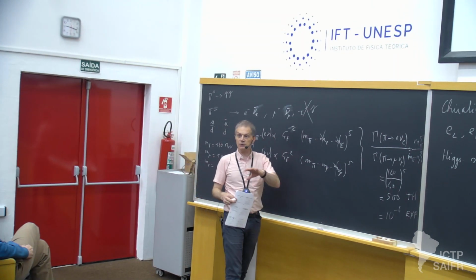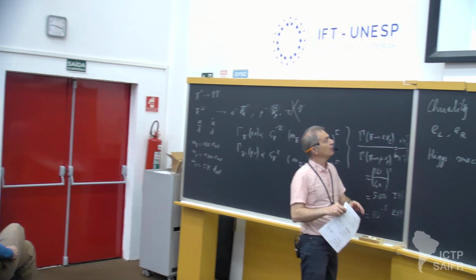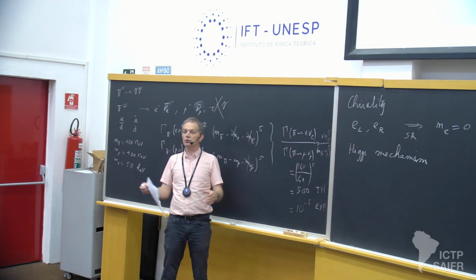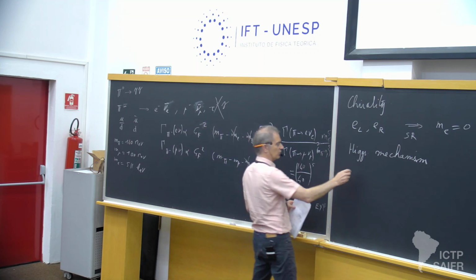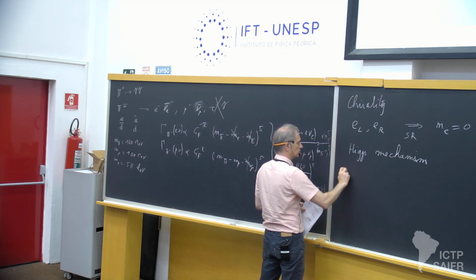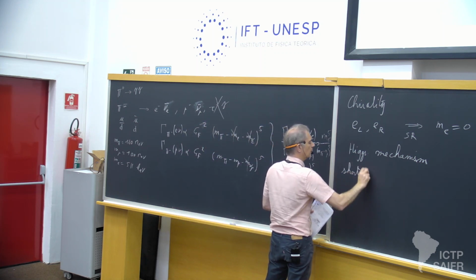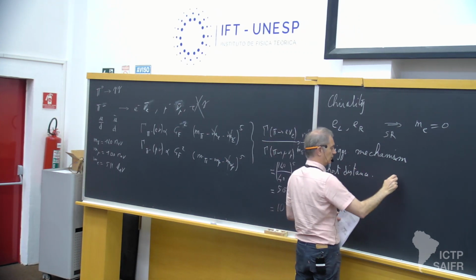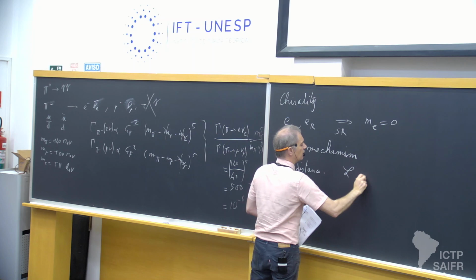So the Lagrangian that describes the physics at very short distances, or high energy if you want, is invariant under the full SU(2) cross U(1) symmetry.